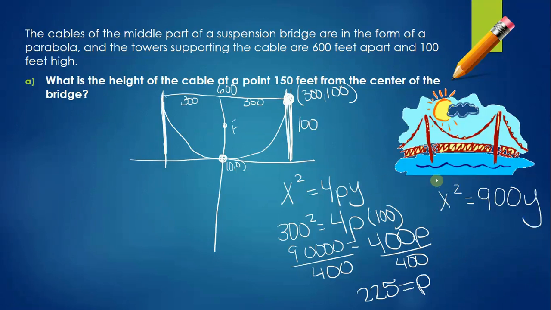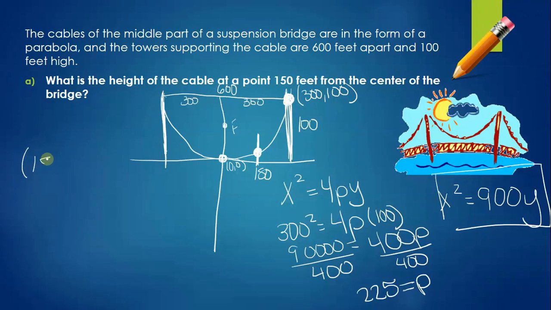Now, this is good to have, the equation, because now they want to know at 150 feet from the center, so like right here, how far up is the cable from the ground. So what I can do is plug in 150 for my x. I need to know my y.